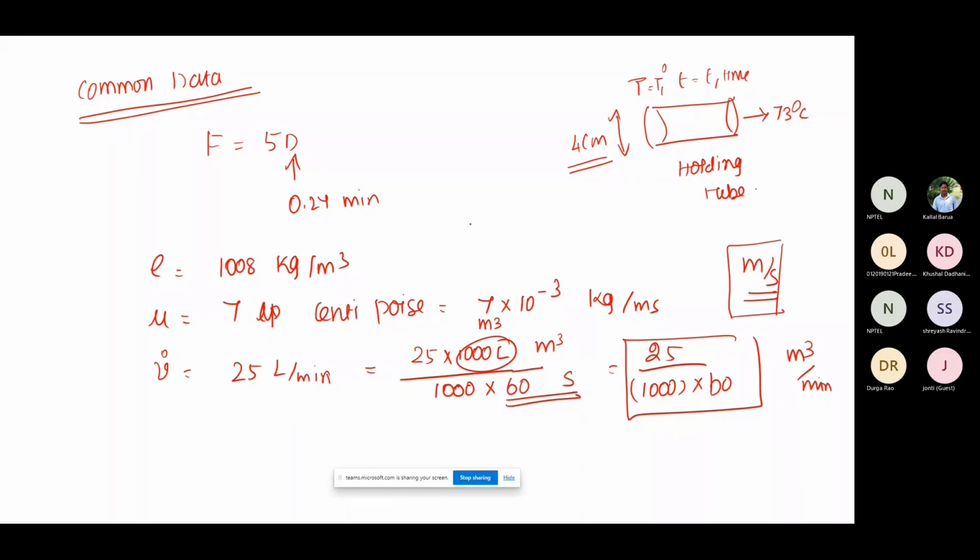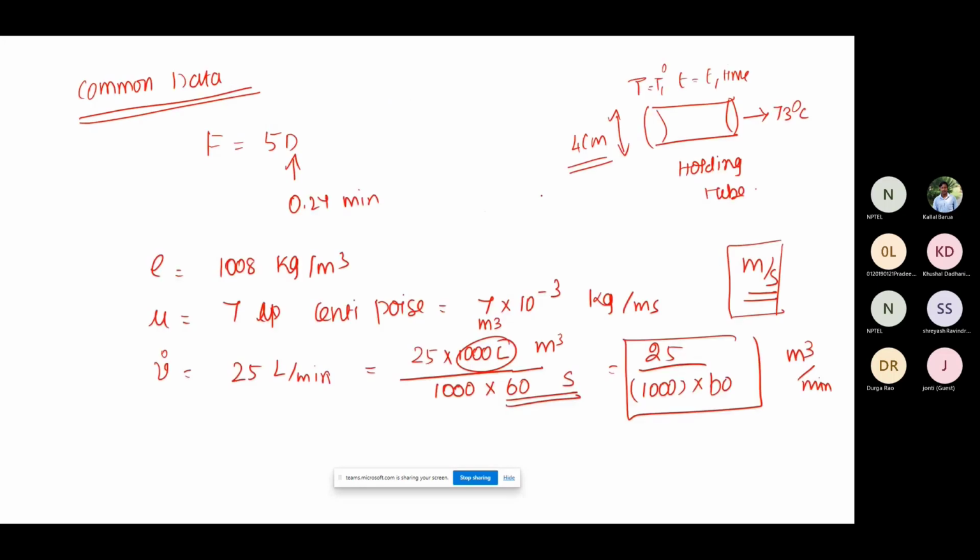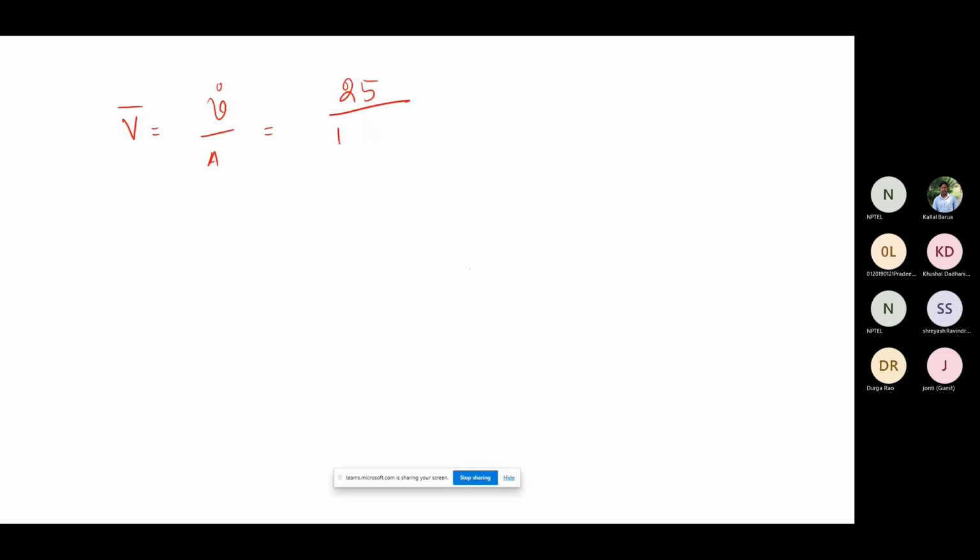And then you very well know how to calculate the velocity. Velocity is nothing but volumetric flow rate upon area. Volumetric flow rate you just have done, 25 upon 1000 into 60. Area you know is pi by 4 d square, where d is 4 centi, 4 into 10 to the power of -2 meter, this is the diameter.